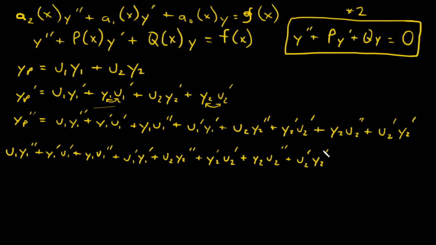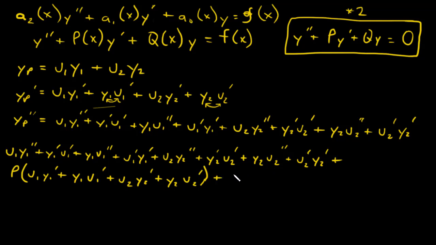That's the y double prime plus p times y prime. So p times u1 y1 prime plus y1 u1 prime plus u2 y2 prime plus y2 u2 prime.